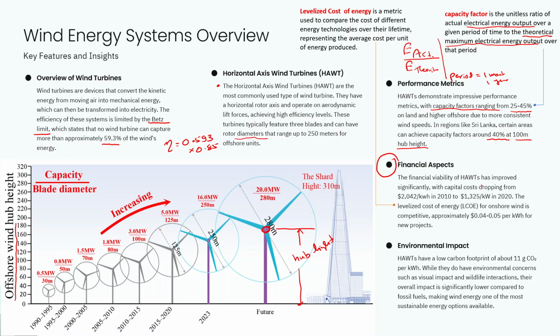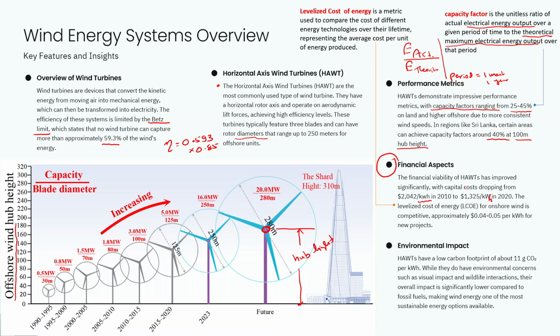If you look at the financial aspect, horizontal axis wind turbines have improved very significantly over time, and the cost per kilowatt of generation has been reduced from $2,042 in 2010 to $1,325 in 2020.